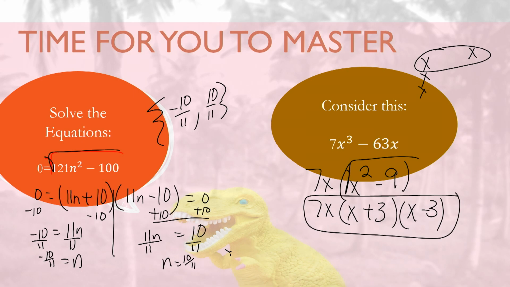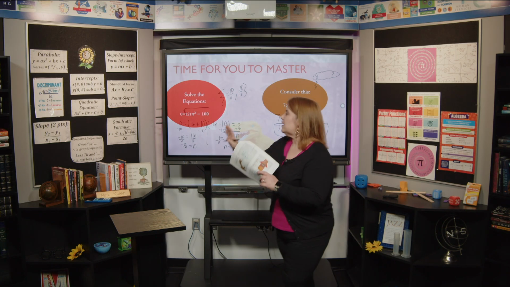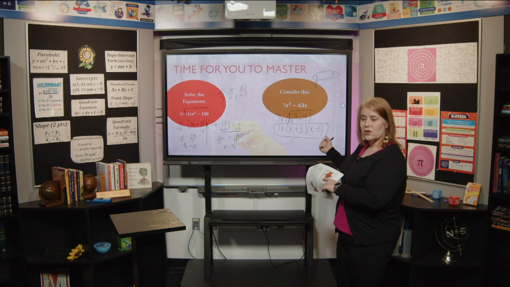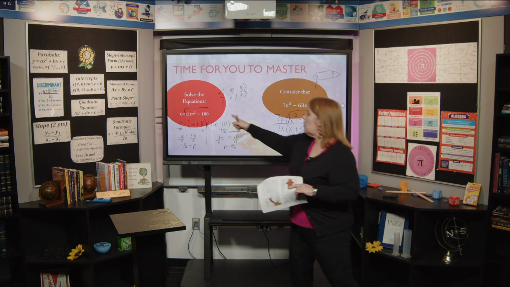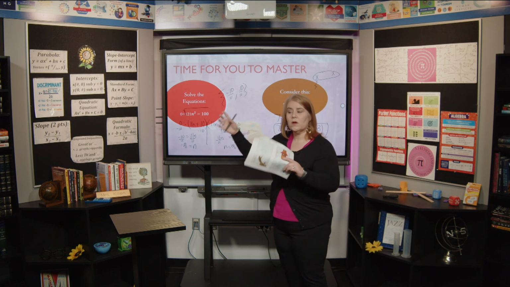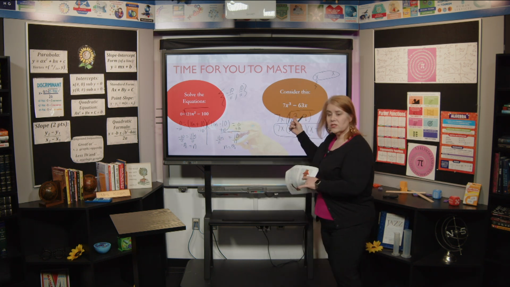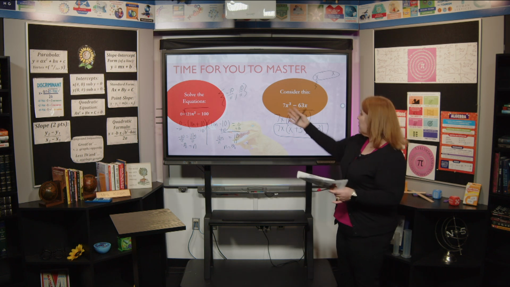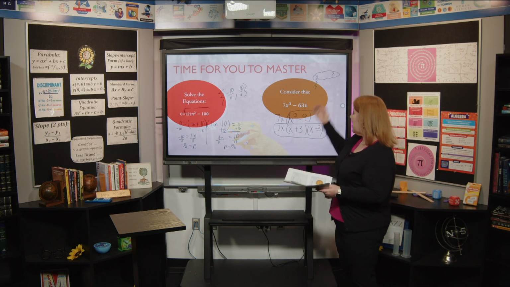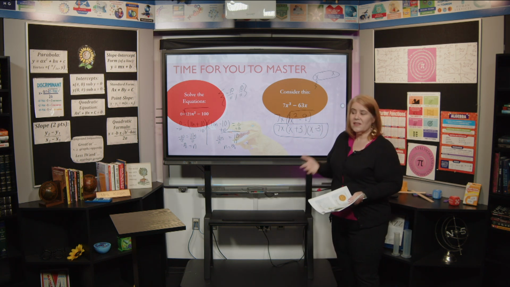But, Ms. Killen, why didn't you do everything you did on the red circle to the brown circle? Good question. My red circle equals 0, so it wanted me to go further. My brown circle just wanted me to consider the expression and reduce it by factoring. So that's all I was doing.